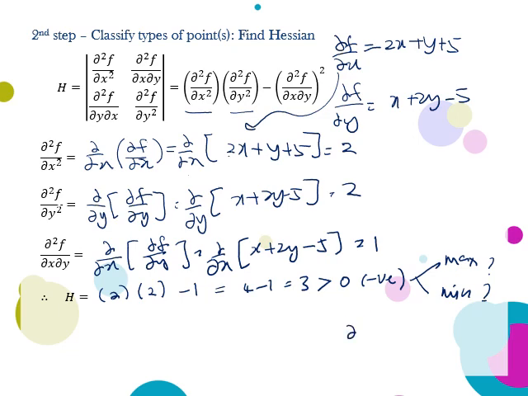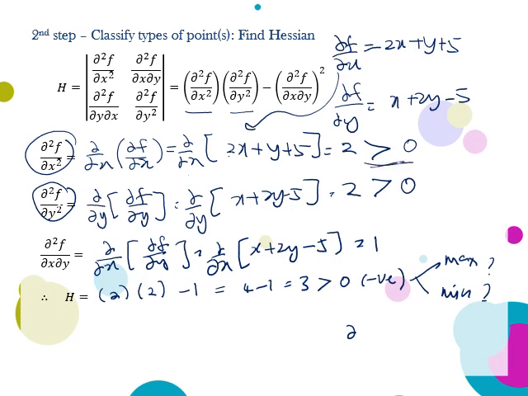So we just look here. This is del square f over del x square, and this one is greater than 0. Del square f over del y square is also greater than 0.